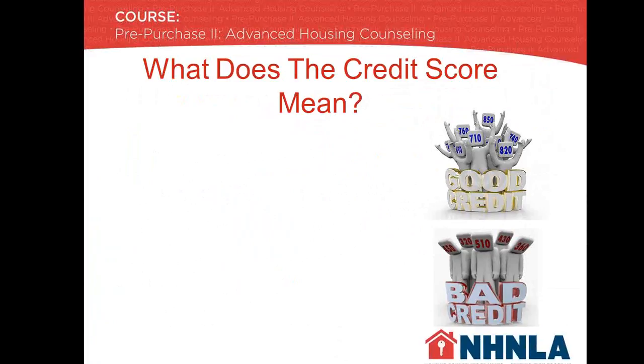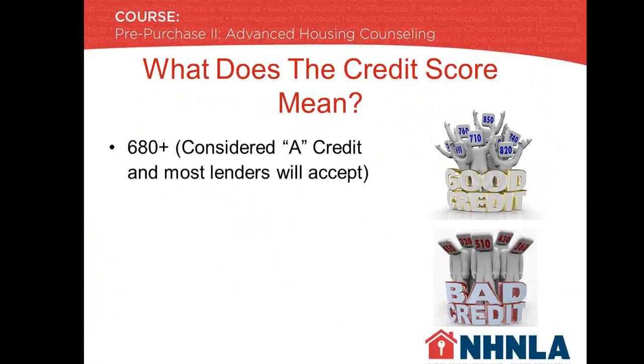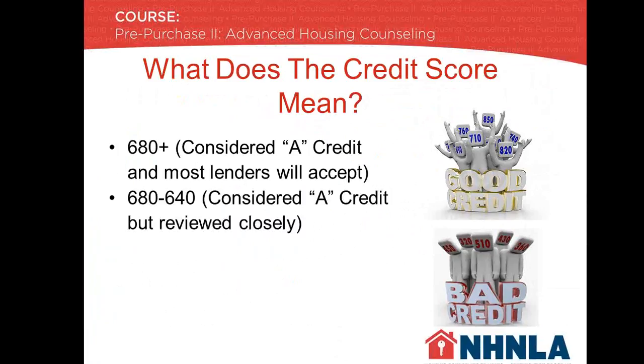So what does the credit score mean? This slide gives you some idea of how lenders view the credit score. 680 and above is considered A credit and acceptable by probably almost all lenders. Between 640 and 680 is also considered A credit, but they will do a closer review.